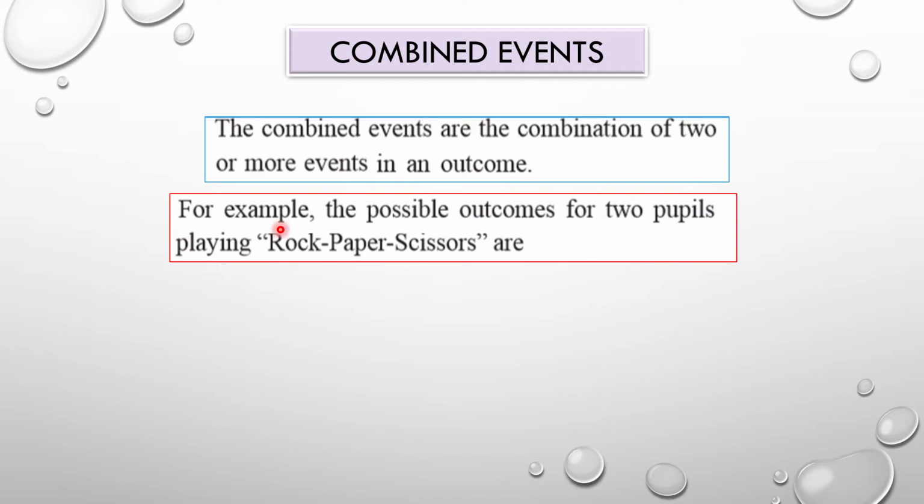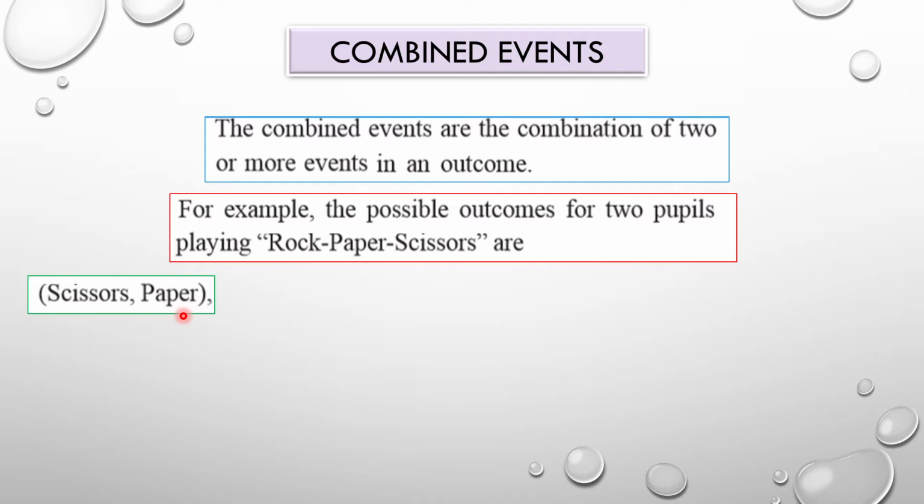For example, the possible outcomes for two people playing rock, paper, scissors are, let's list out all the possible outcomes. Since two people are playing, the first person may be showing the sign scissors, the second one is showing paper.